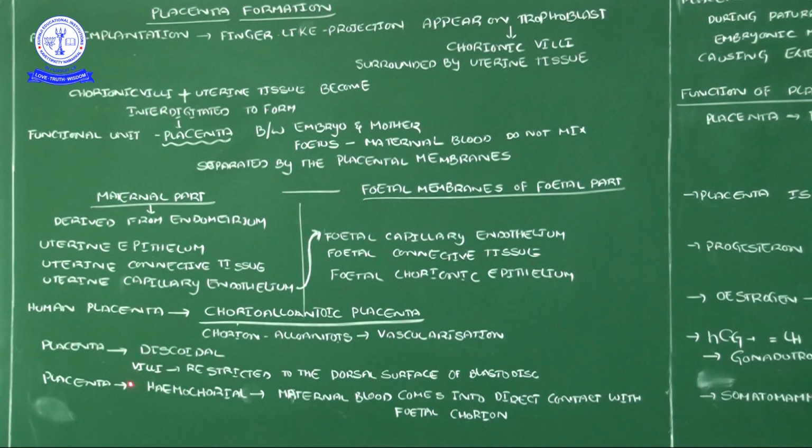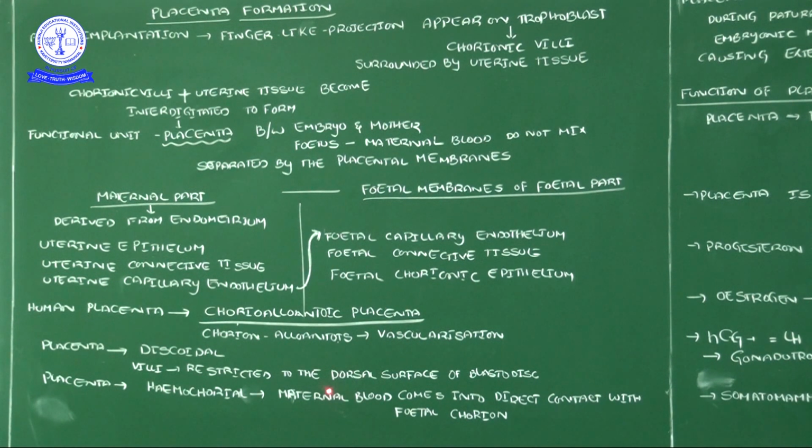Why? Here below I mentioned the villi. In humans, chorionic villi are restricted to the dorsal surface. That means a particular place of the ectotrophoblast cells. Trophoblast cells only form the villi, then it will attach to the uterus endometrium. Correct? So the disc will form at one particular place.